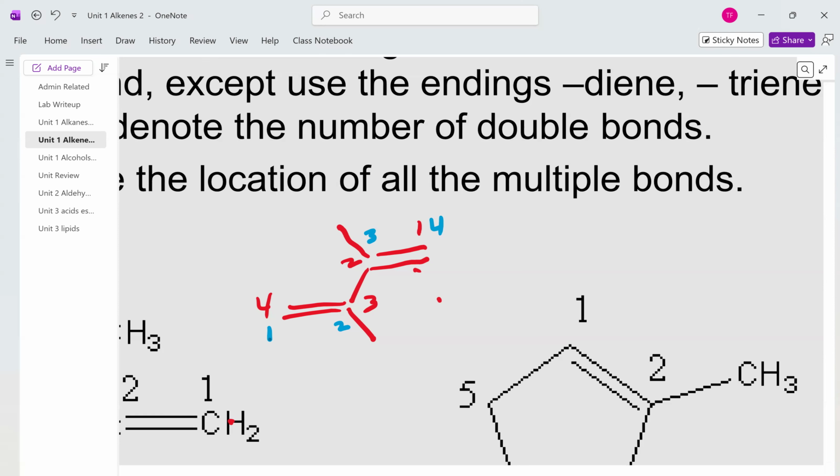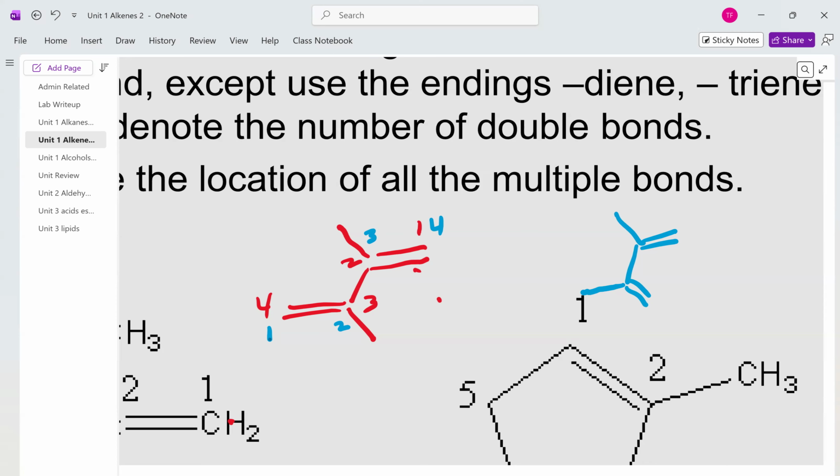Let me show you an unsymmetrical molecule. See how it's kind of lopsided, where the red one is not lopsided?